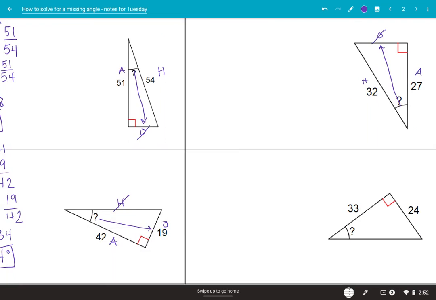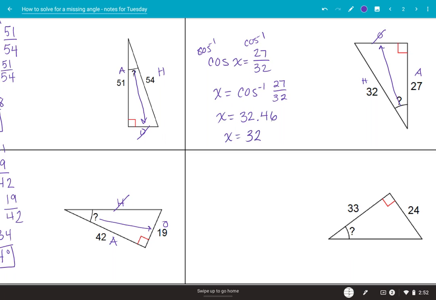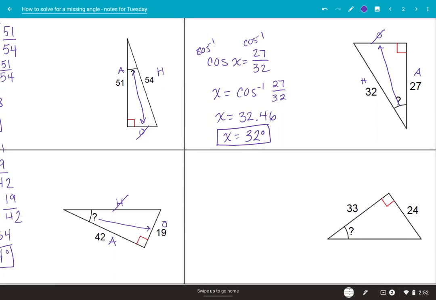Label, cross off. Plug it in, second cosine, 27 divided by 32, and you're going to get 32.46, and this one's just going to stay 32 degrees. Wow, all of these are not rounding up, which is a little strange.